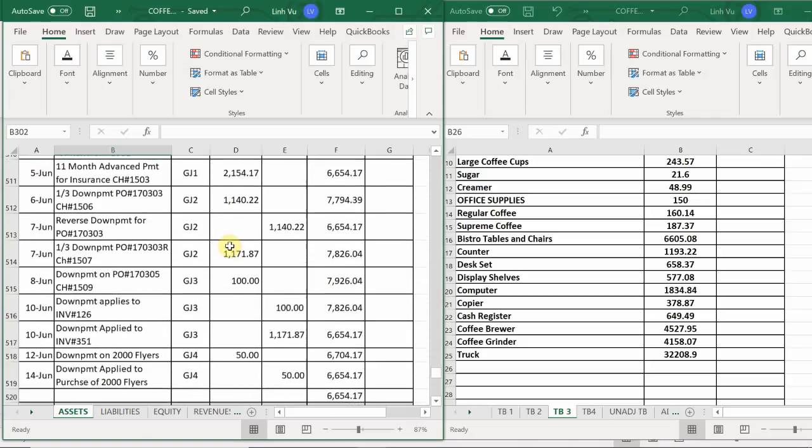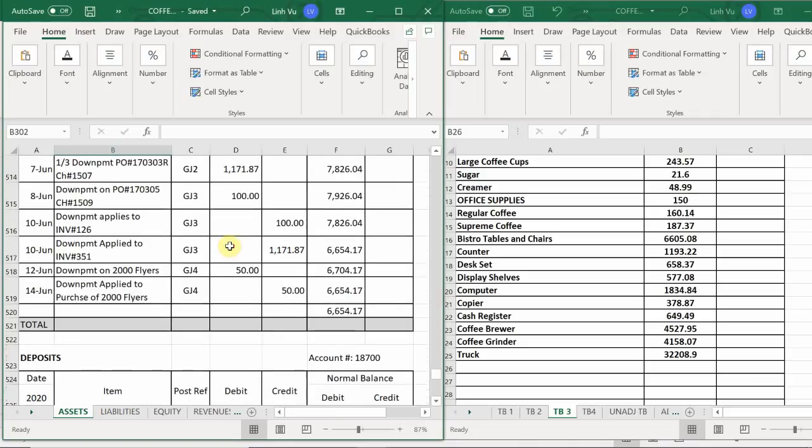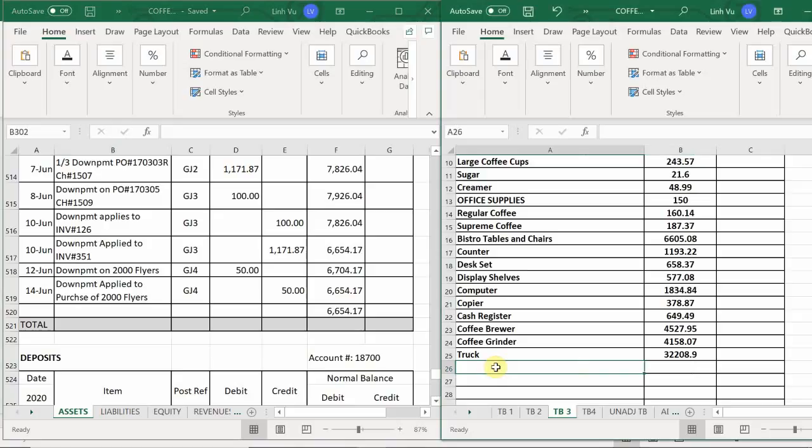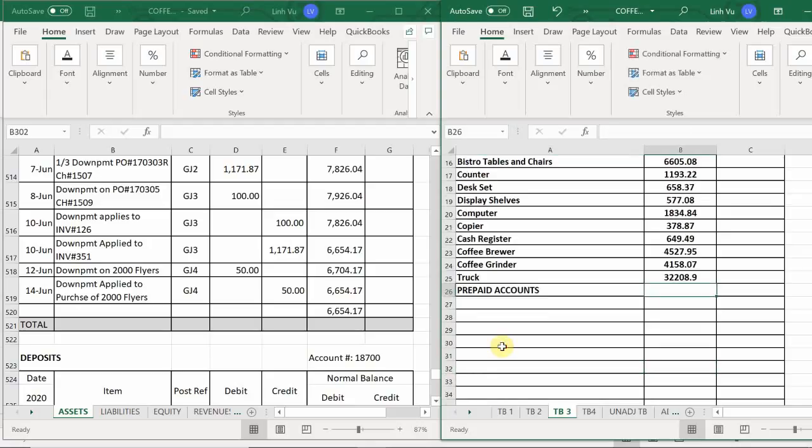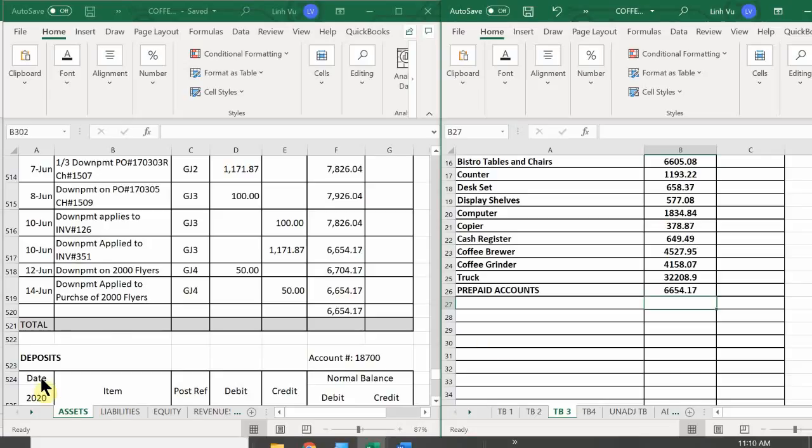Prepaid accounts. What's my account balance there? 665417. Okay.